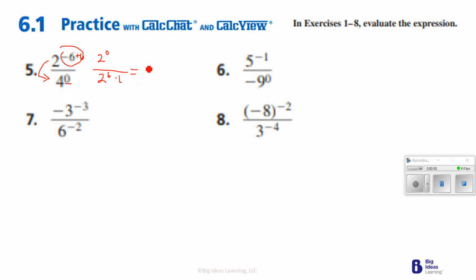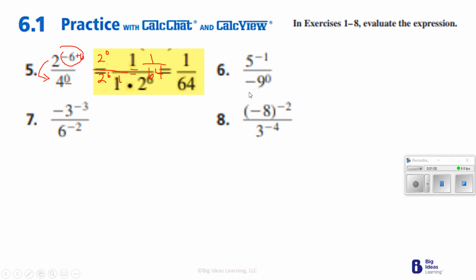Anything to the 0 power is 1, and 2 to the 6th power is 64. So I should have 1 over 64. There you go, 1 over 64.